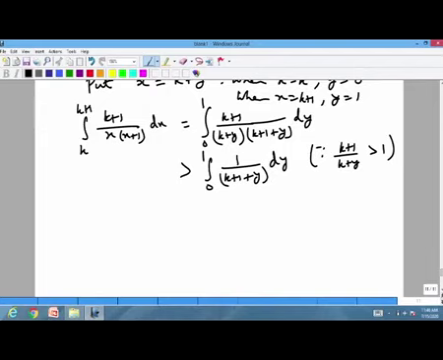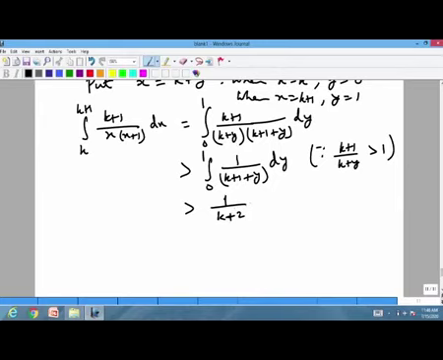And now, if you see this integrand 1 by k plus 1 plus y, this is bigger than 1 by k plus 2, and the integral is from 0 to 1 dy, that gives 1. So, this integral is bigger than 1 by k plus 2. Now, k varies from 1 to 98.